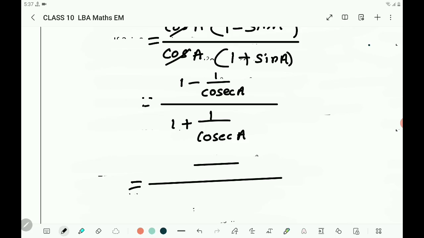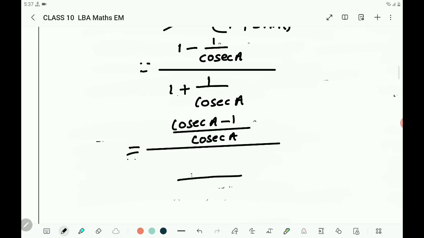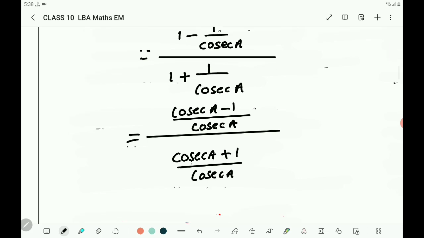Here what is the LCM? Cosec A is the LCM. Right. Cosec A. In the bracket, it becomes 1 into cosec A minus 1 by, in the denominator, again the LCM is cosec A. Then the numerator becomes cosec A plus 1.